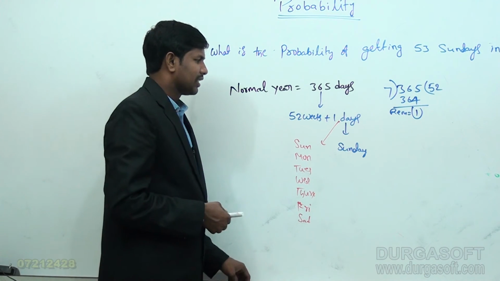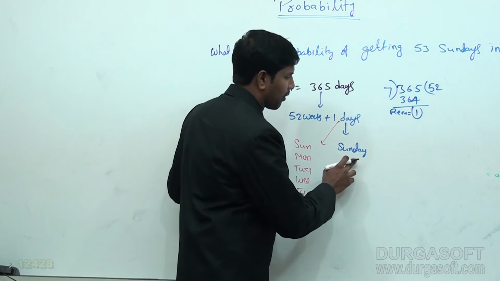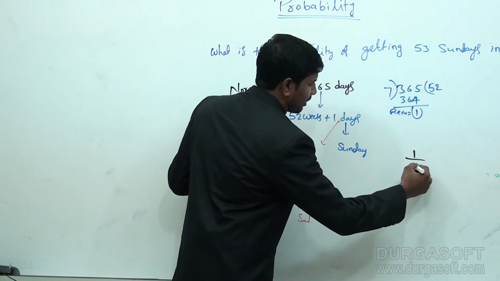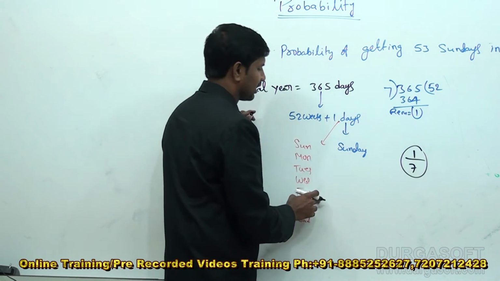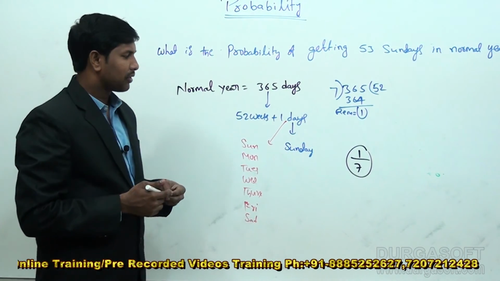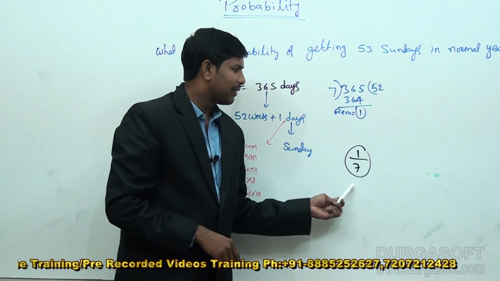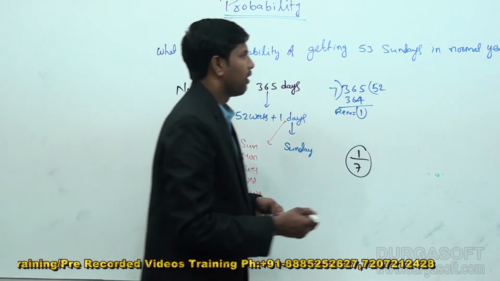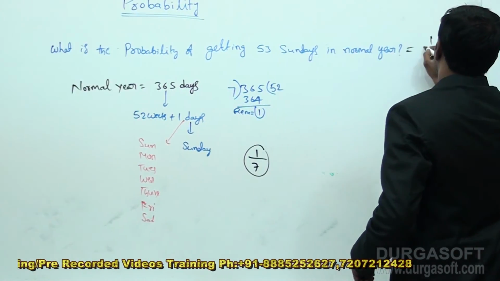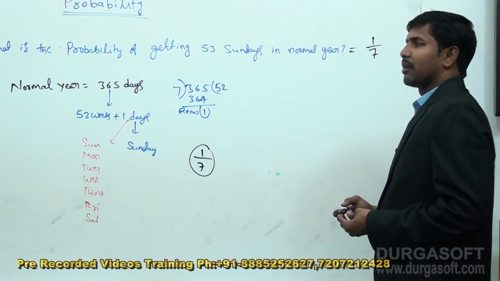So the chances, or the probability, is favorable 1 out of 7. There are totally 7 chances, but we want only 1. That's why 1 by 7 is the probability of getting 53 Sundays in a normal year.